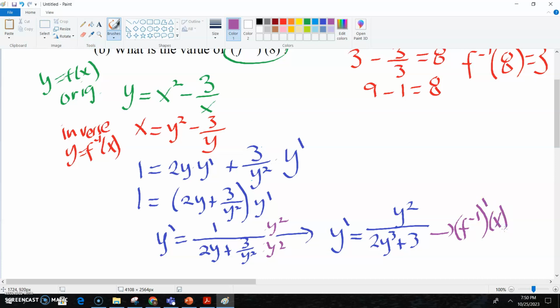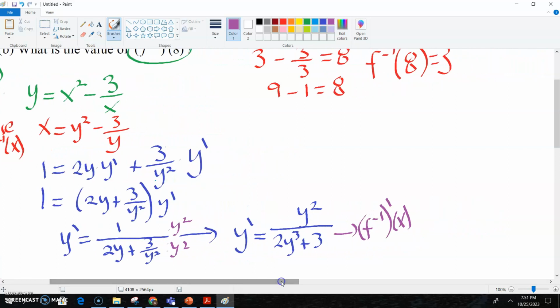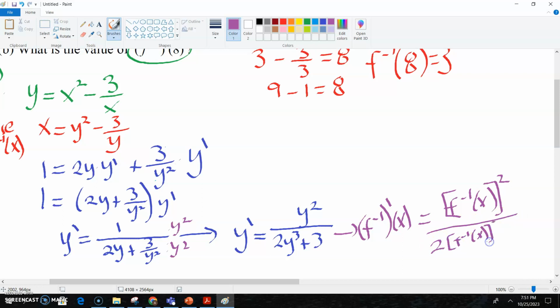And this equals, y once again is f inverse of x, squared over 2 times f inverse of x cubed plus 3.